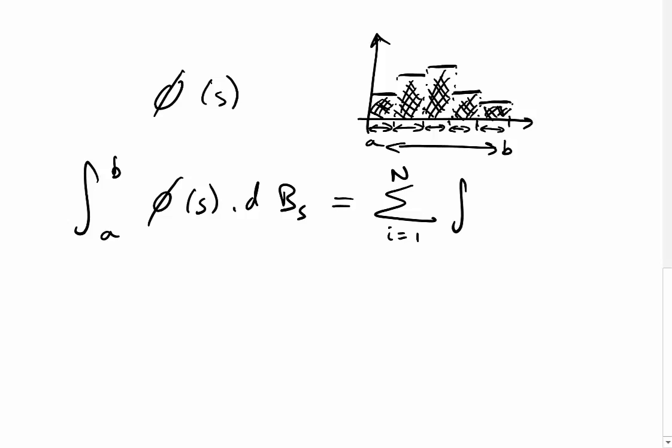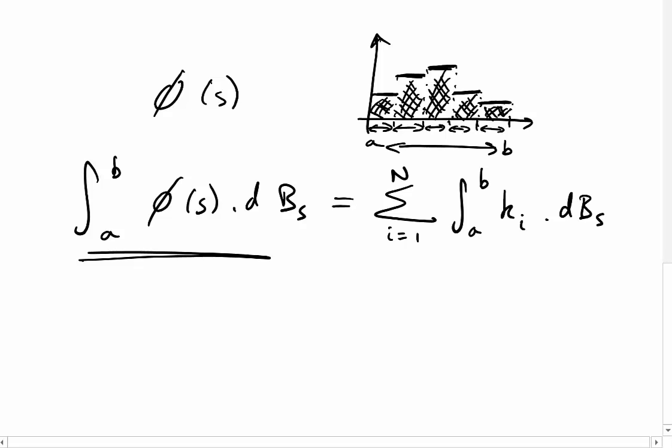For each step we have a constant value, so we'll call that constant ki. This will be constant 1, constant 2, constant 3, constant 4, constant 5, going from i equals 1 to 5 in this example, of our function, which is just ki, because our function is a step function.